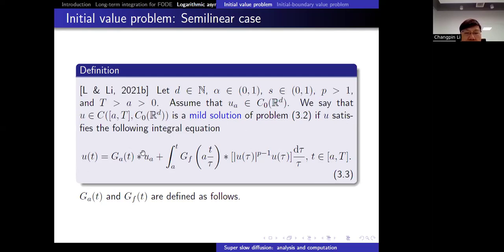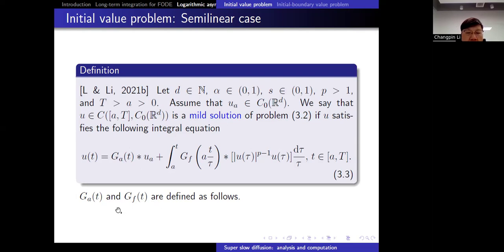This is the convolution, with respect to the space variable x. G_alpha of t and G_f of t are Green functions.